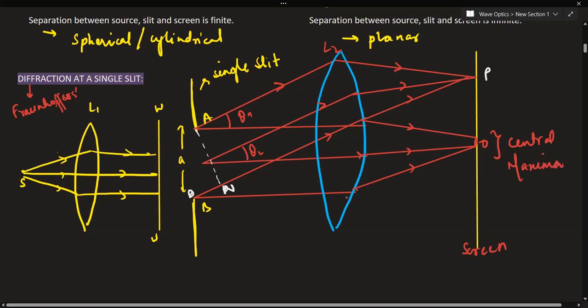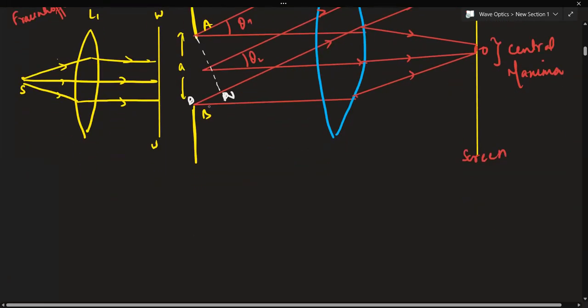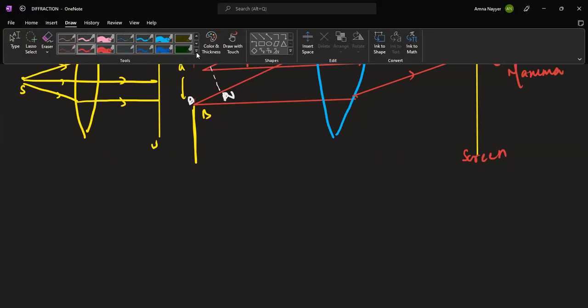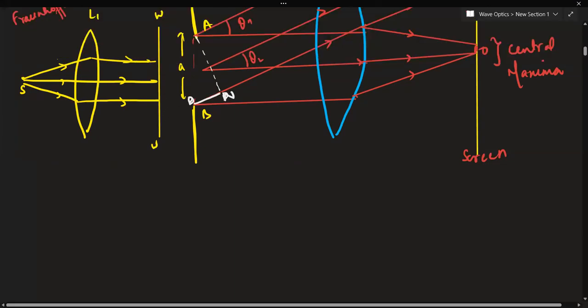Now see, we were calculating the path difference. In order to understand the path difference, we just require this. Let us make it a triangle only. So we need DN. This DN is the path difference.